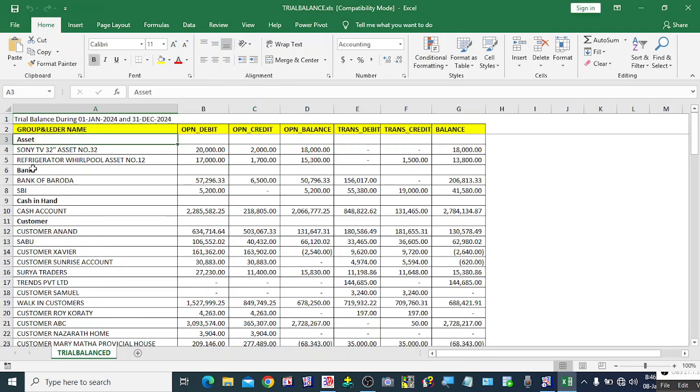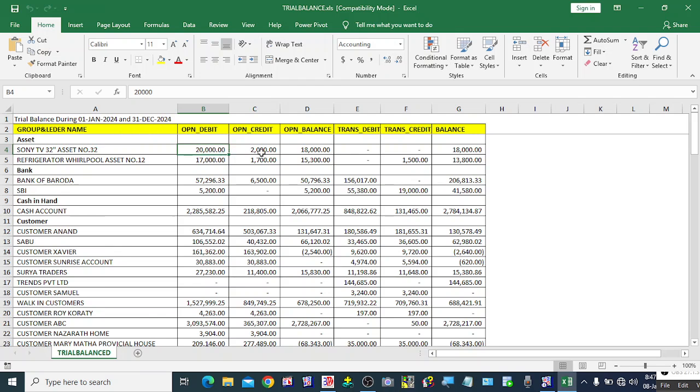Under the group asset, there are two assets, Sony TV and one refrigerator. The date range we have entered is 1st January 2024 to 31st December 2024.